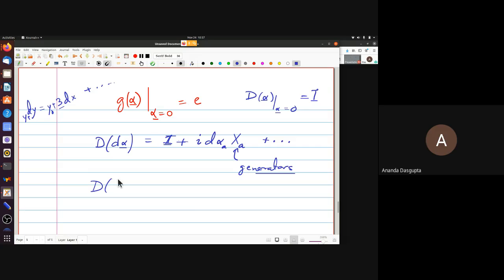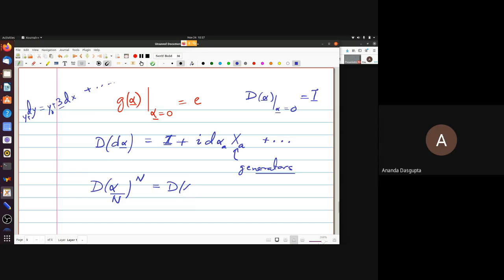Remember, we are not saying that all elements would fit into that, but I can find one parameter subgroups such that if you have a big parameter alpha, that big parameter alpha can be found by adding alpha by n, n times. But that of course means, because adding parameters in a one parameter subgroup basically is akin to multiplying group elements, and of course multiplying group elements means multiplying representations.